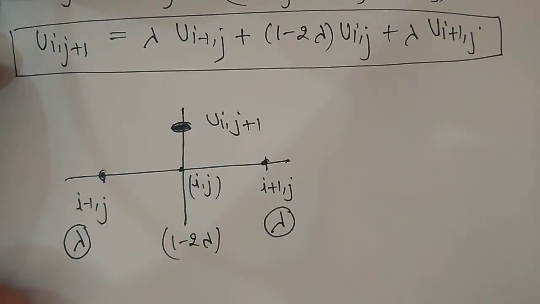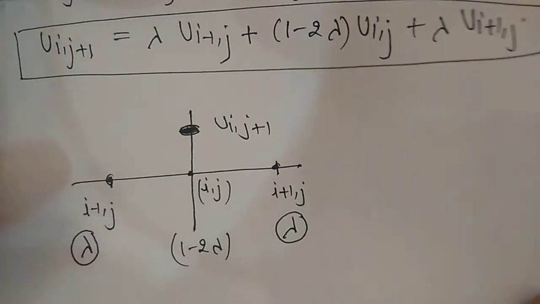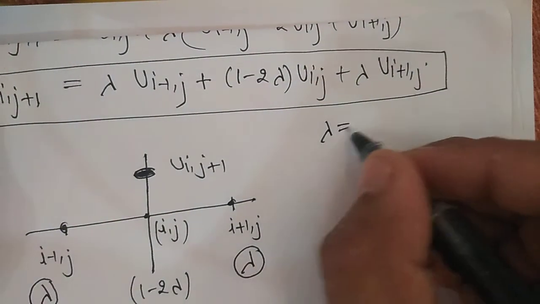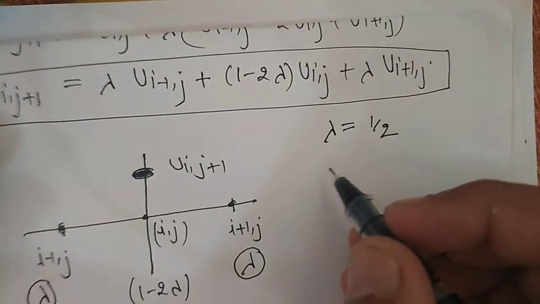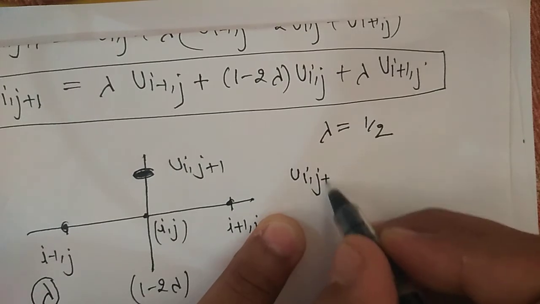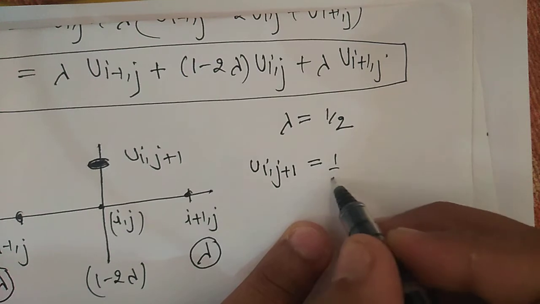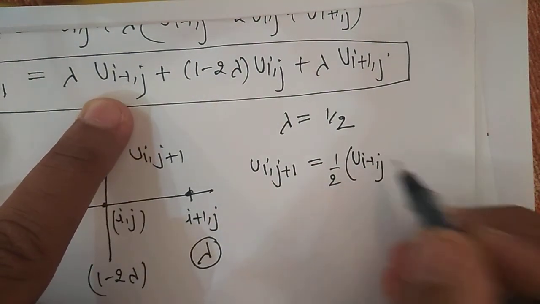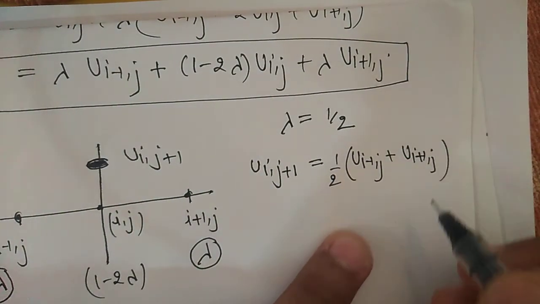If you take any specific value of lambda, let us have the simplified form, lambda equal to half, 1 by 2. So this part will be 0. So we can have u i j plus 1 equal to 1 by 2 of u i minus 1 j plus u i plus 1 j.